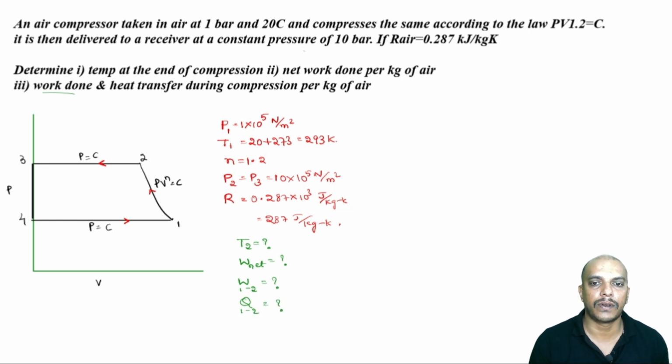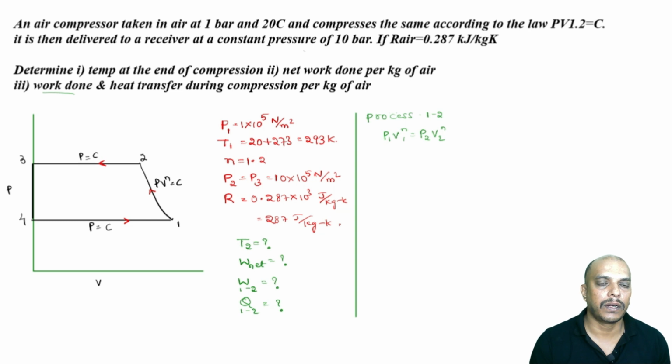So let us go for finding out the first sub question, that is T2. Now how do we find out T2? We know that during process 1 to 2, P1 V1 power n is equal to P2 V2 power n. Actually volume is irrelevant here, so I would like to eliminate volume. So I will use the PV is equal to MRT equation.